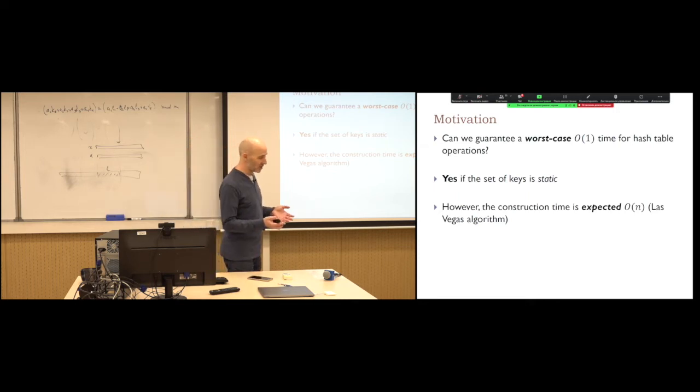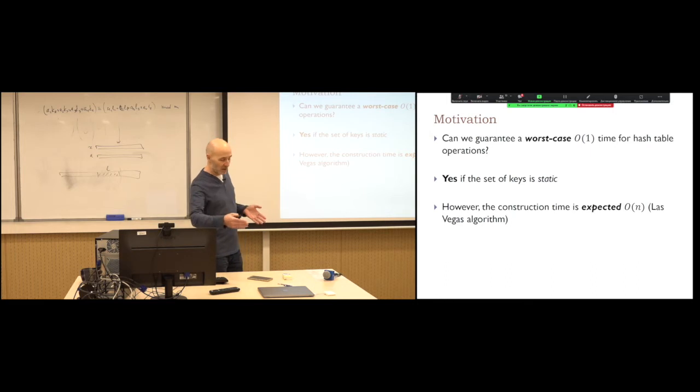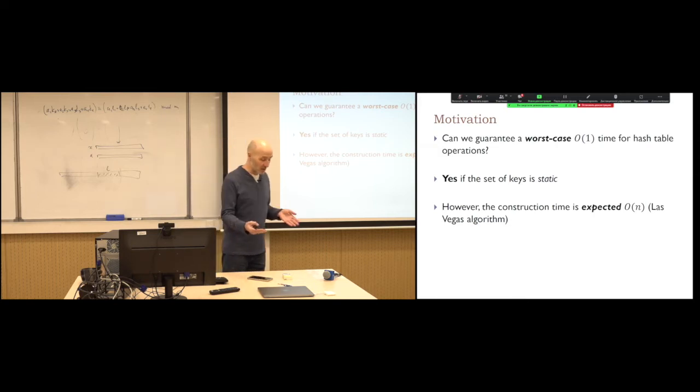There is maybe a very small probability that the algorithm will take a lot of time, for example the number of iterations can be large, but on average it will be fast. This type of algorithm is called a Las Vegas algorithm.